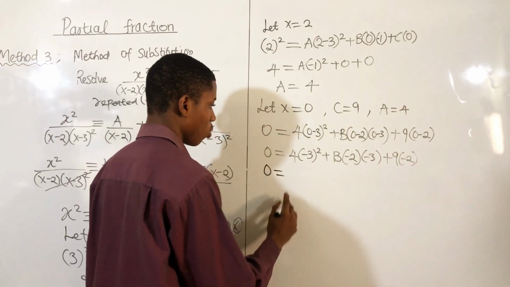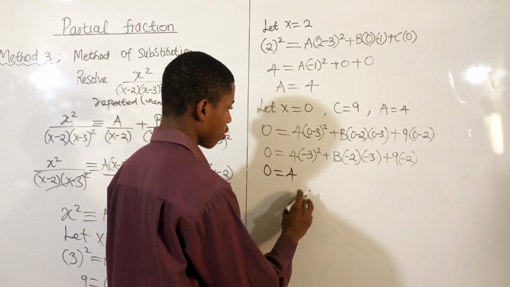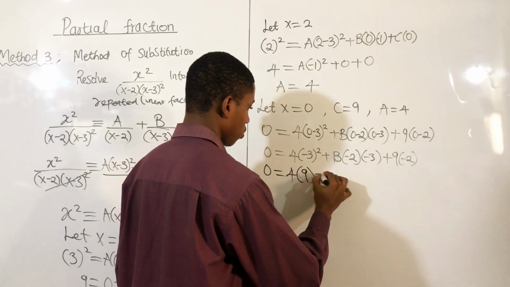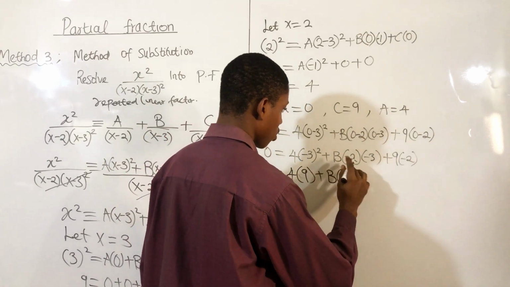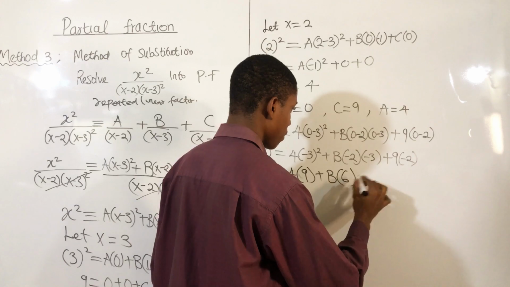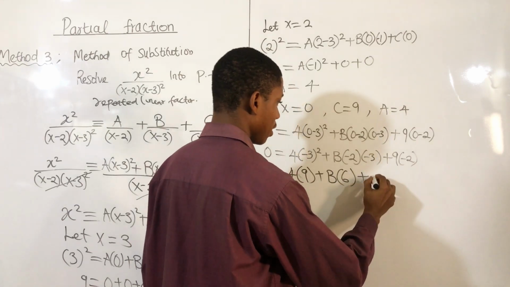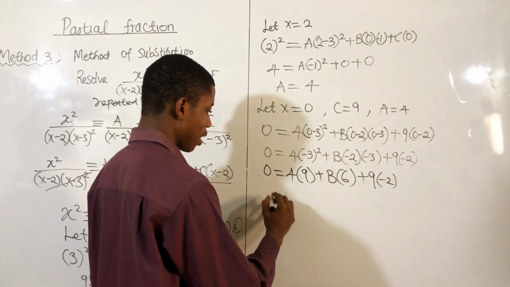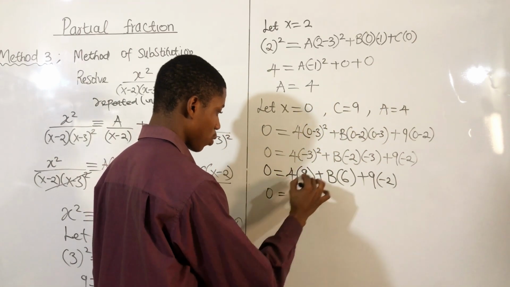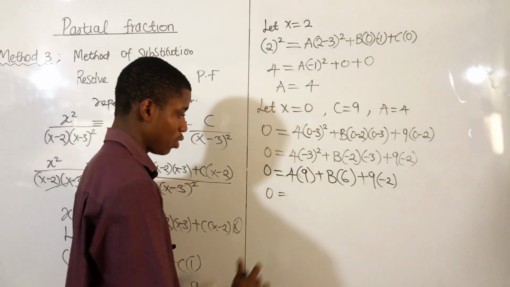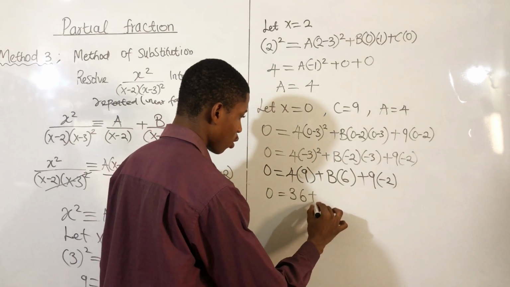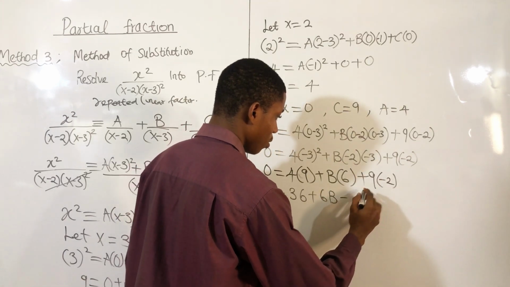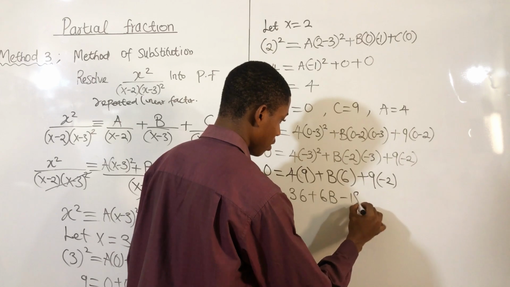That 0 is equal to 4, of course this will be 9, so 4 times 9, plus B, of course negative 2 times negative 3 is 6, so 6B, plus this will be 9 times negative 2. So let's work with this. 4 times 9 is 36, plus 6B, and 9 times negative 2 is negative 18.